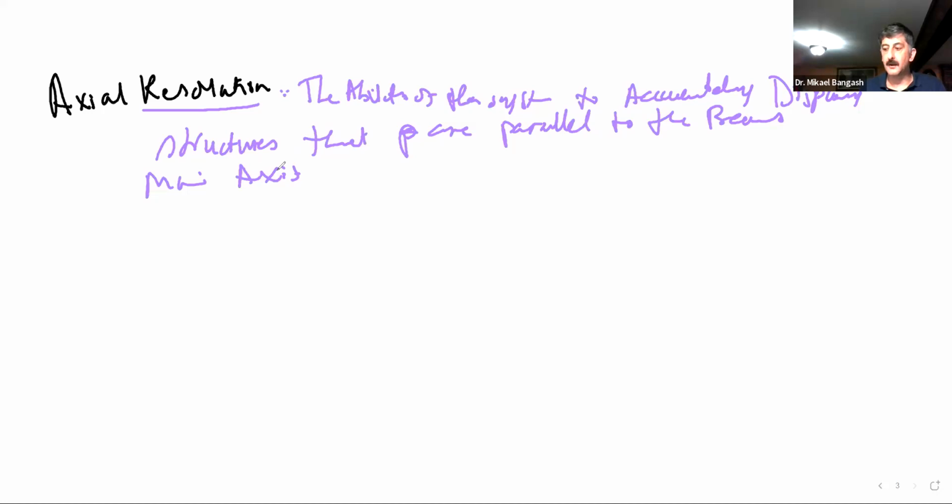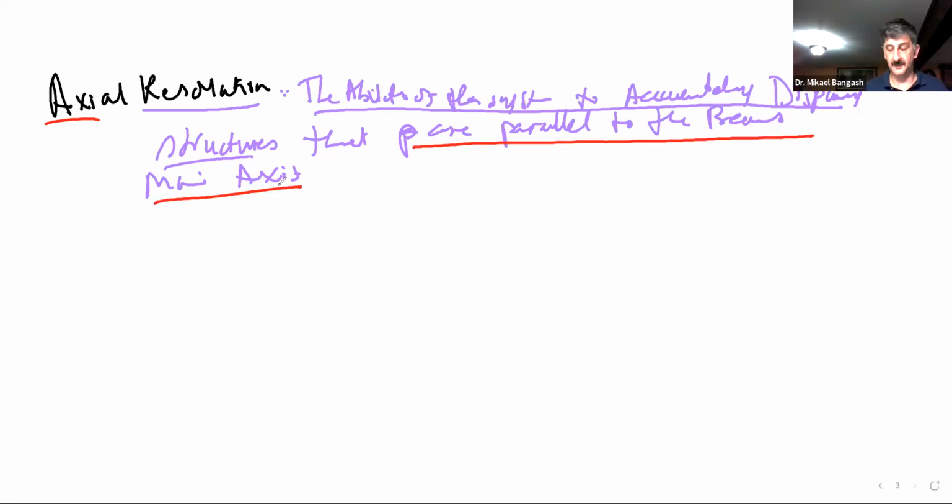Now, if you look on page 145, where it talks about axial resolution, axial here is going to mean parallel to the beam's main axis. So you can actually see that it is written in bold letters.